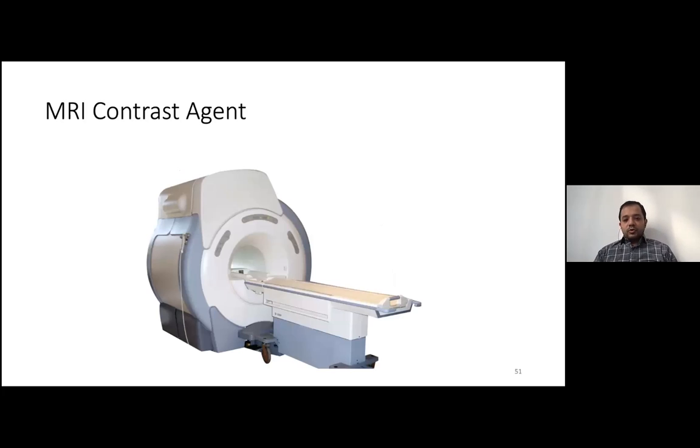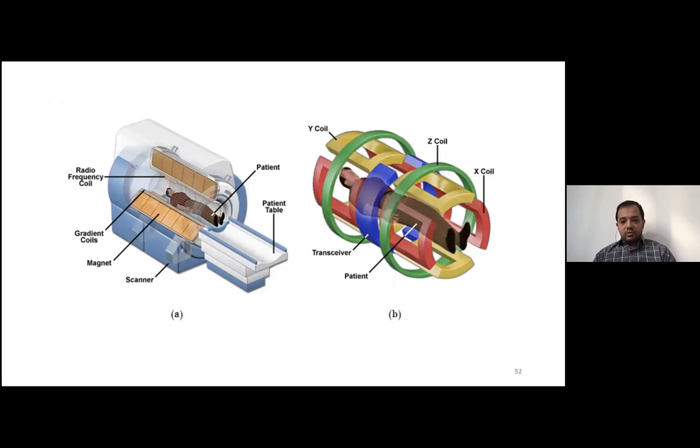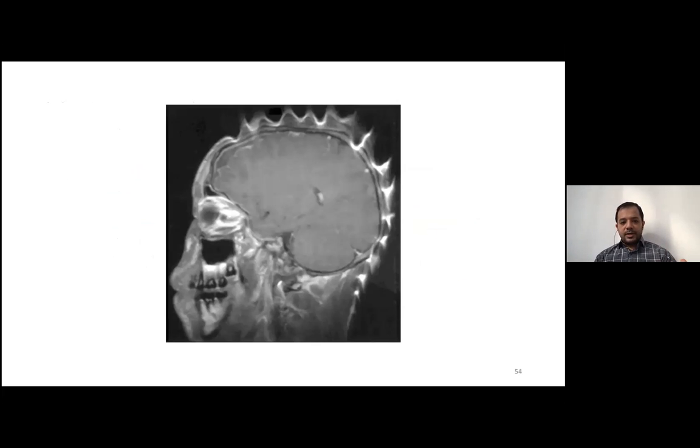Now, with respect to diagnosis, we have MR contrast agents. Basically, you know how MRI works. I don't think I have a lot of time to discuss that, but the field inside the tunnel of the MRI is super uniform, and if you have a material inside that disturbs that uniformity, then your image will be disturbed.